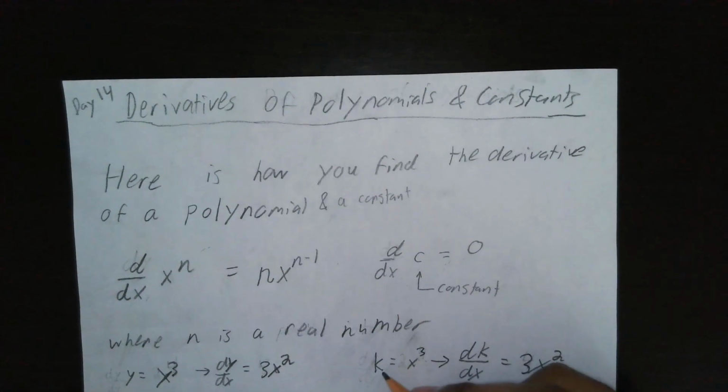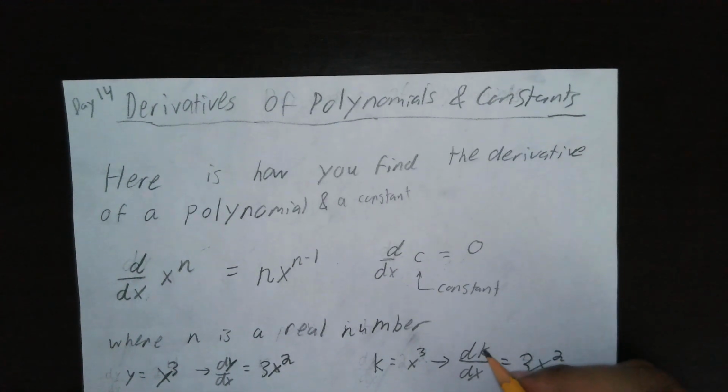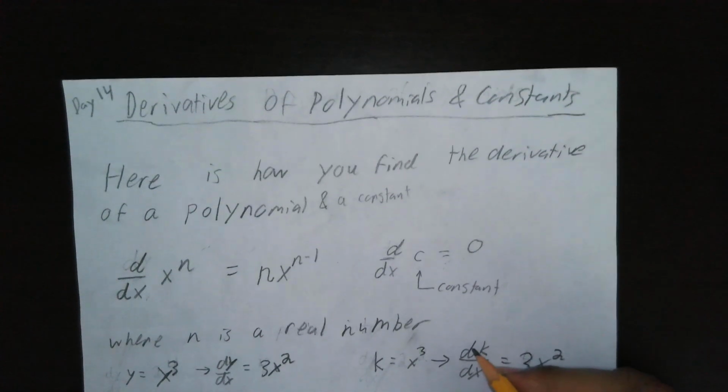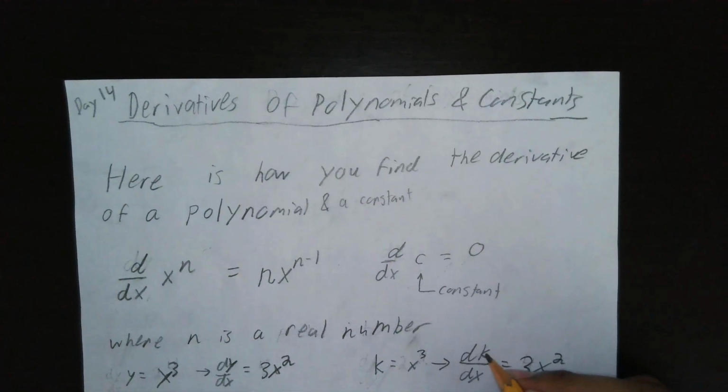If I were to have something like k is equal to x to the power of 3, I'd be writing dk over dx because k is the dependent variable and x is the independent variable. So you're always going to write your dependent variable on the top and the independent variable on the bottom. And if you don't have a dependent variable given, you can just write d with respect to whatever your independent variable is.